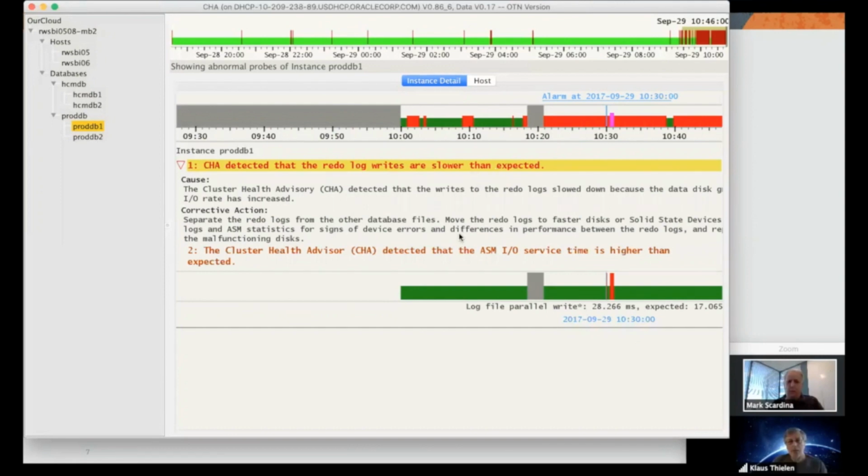Then we see there's a log file parallel write. The time which we got is 28 milliseconds, and the expected, predicted time is 17 milliseconds. So in this model, we are slower than expected, and therefore we raised this alert.